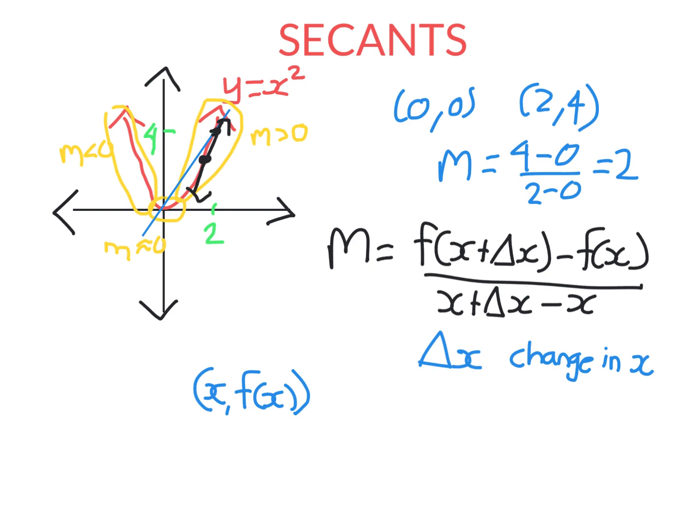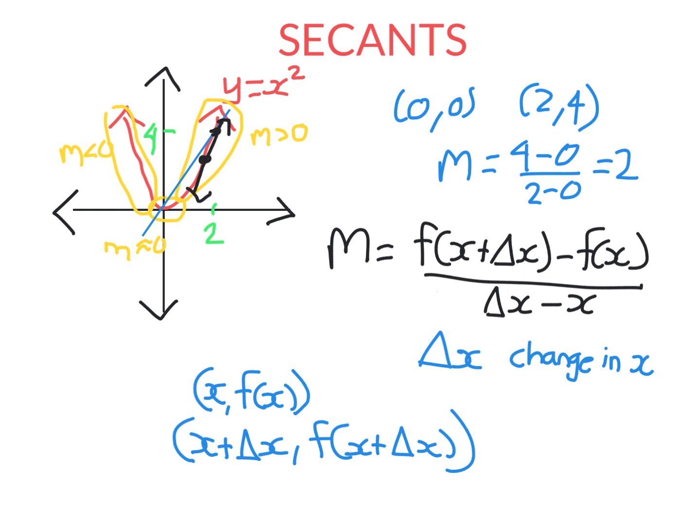So that just means the function evaluated at this value, and delta x is the distance along the x-axis between the 2 points. So the next x value is going to be x plus delta x, and so the function evaluated at that point will give you the y value. So using these 2 points here, we're just using the 2-point formula y2 minus y1 over x2 minus x1. Now we can simplify this formula a little bit because x minus x is just 0.